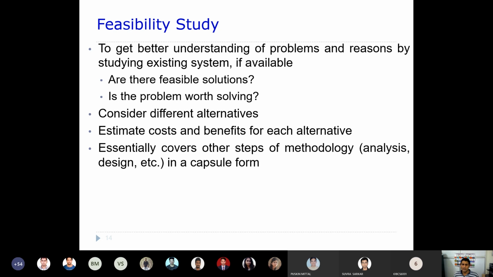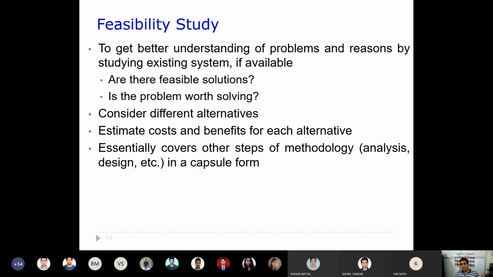Then you need to estimate the cost and benefits for each and every alternative. Let's say there are 4 alternatives for the current existing system. For individual alternatives, you need to provide the estimated cost as well as benefits.